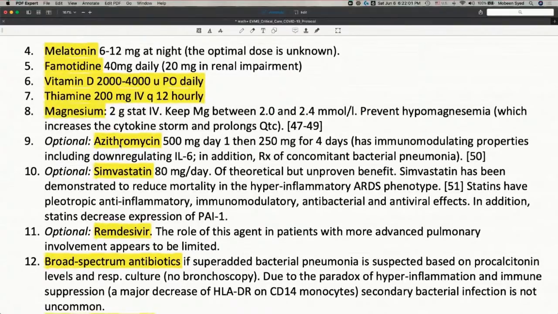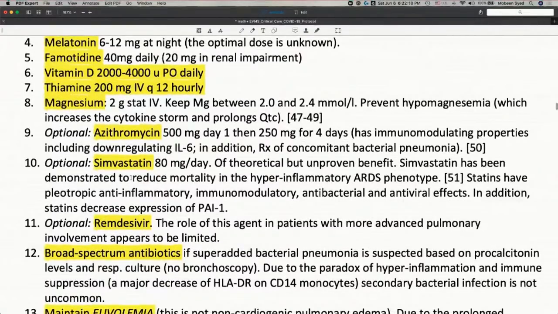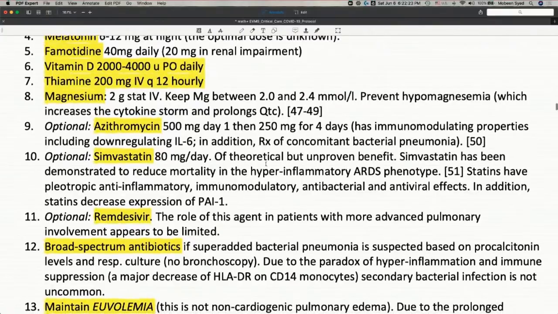Azithromycin, they put that optional. Remember, they have put that as an optional with hydroxychloroquine. So I will actually combine that and not make it optional. Simvastatin. So statin drugs, there is lots of controversy there as well, that statins, some people say are harmful, others say they are useful. So these authors are saying theoretical but unproven benefit.